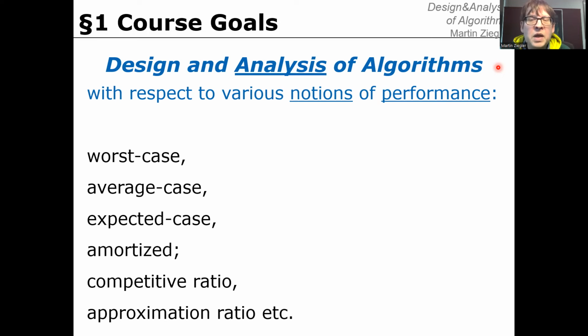Moreover, in Introduction to Algorithms, we focused on running time. That means sequential running time. But of course, there are other important cost measures that may be more important depending on the application. For example, sometimes you might be more focused on a memory efficient algorithm than on a runtime efficient algorithm, because if your algorithm exceeds the memory that your computer is equipped with, then it cannot run at all.